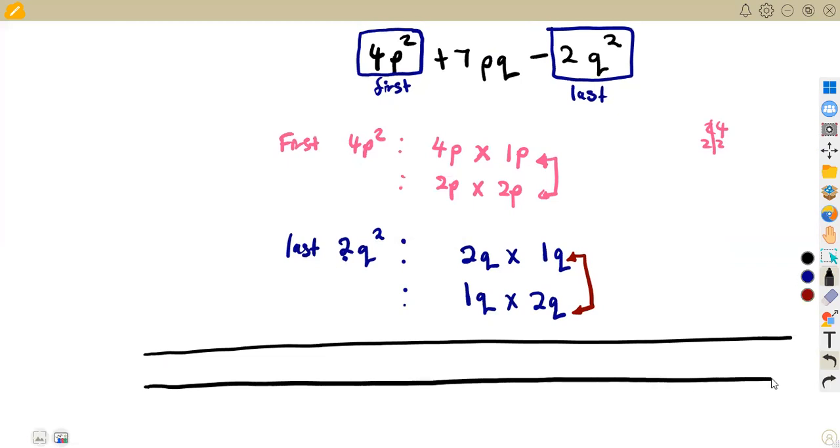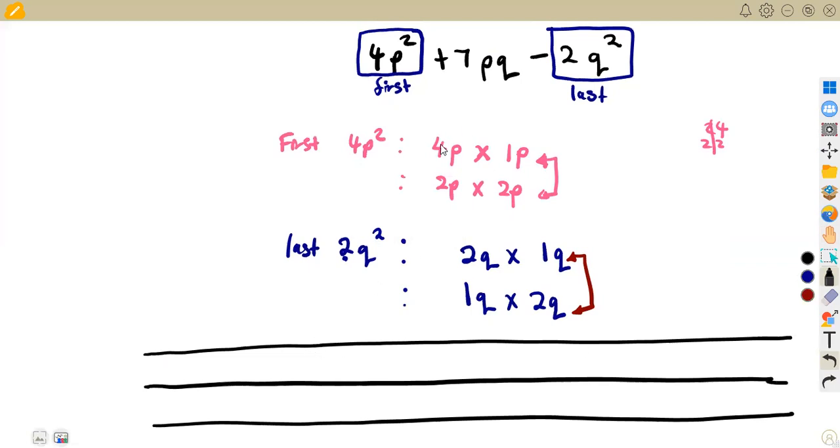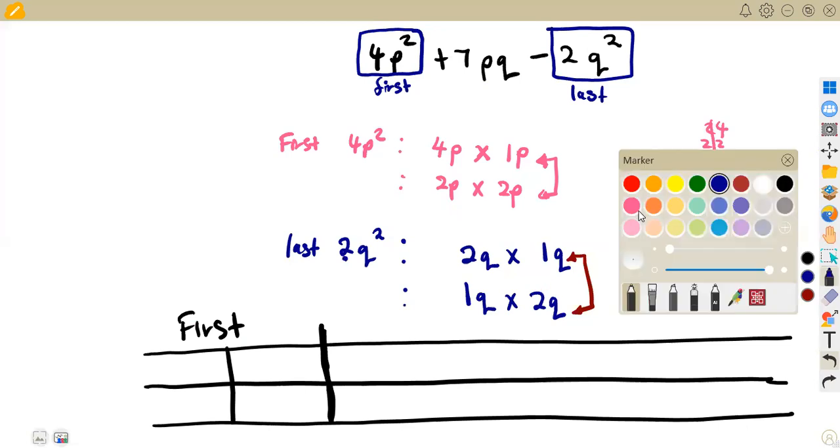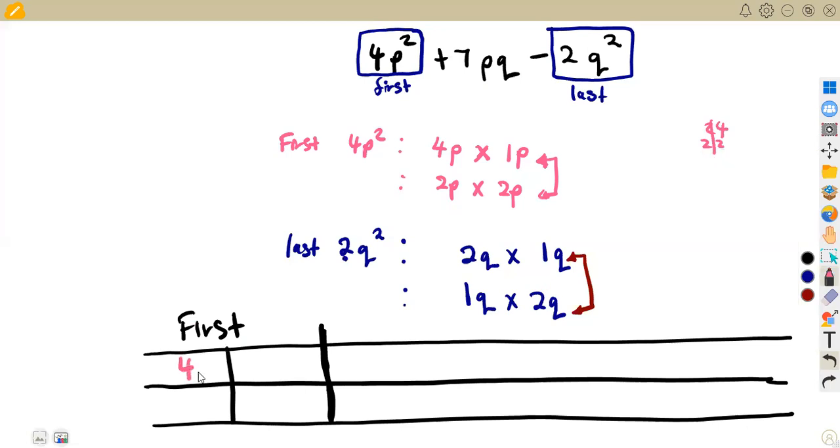There are two things that you have to consider on your first: 4p and 1p, and 2p and 2p. So this is what you can think of here.